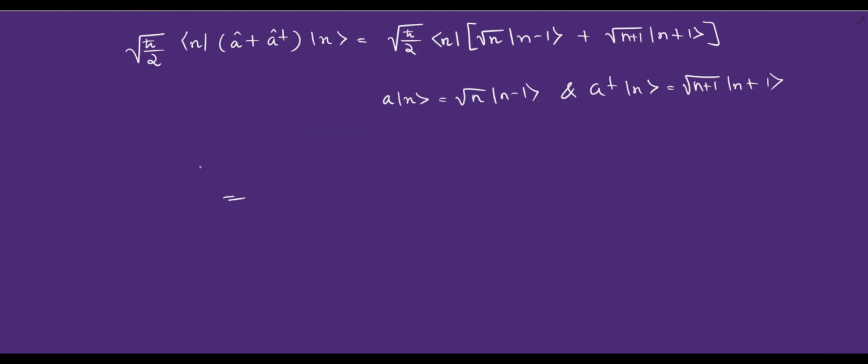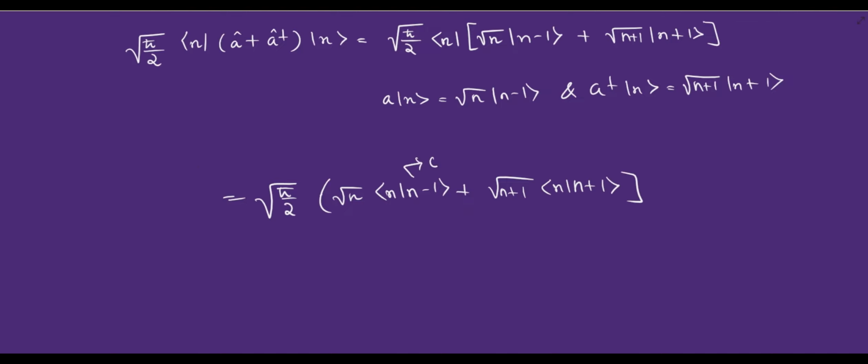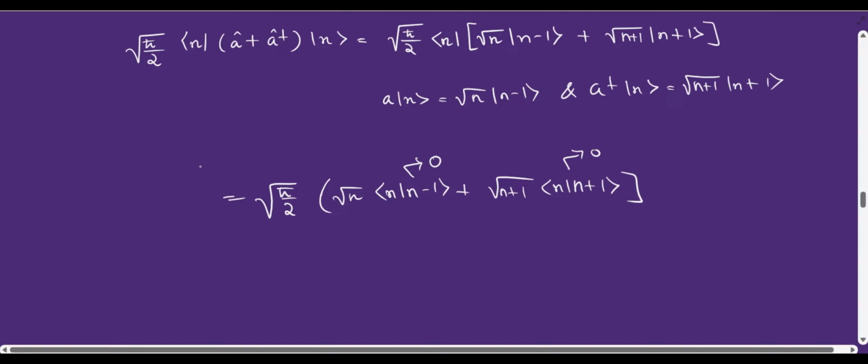So this is equal to root of h bar by 2 into root of n into n minus 1 plus root of n plus 1 into n plus 1. Now, using the orthogonality relations, these are equal to 0.